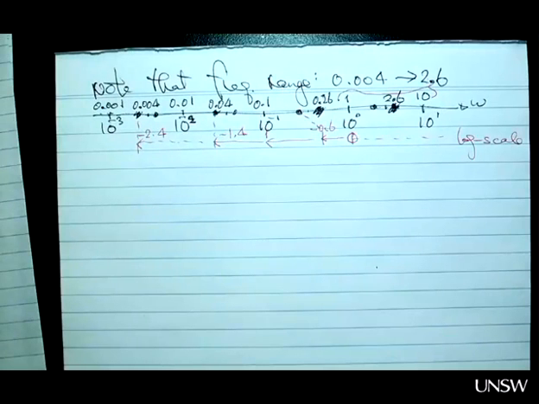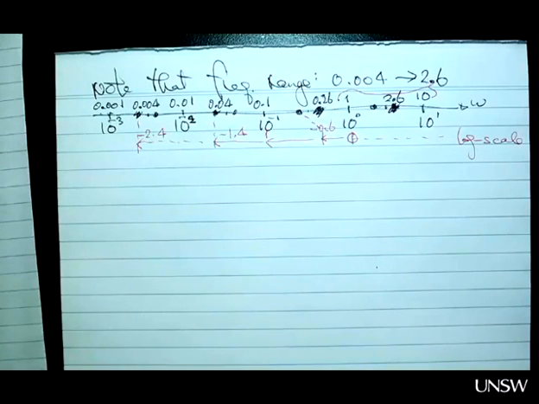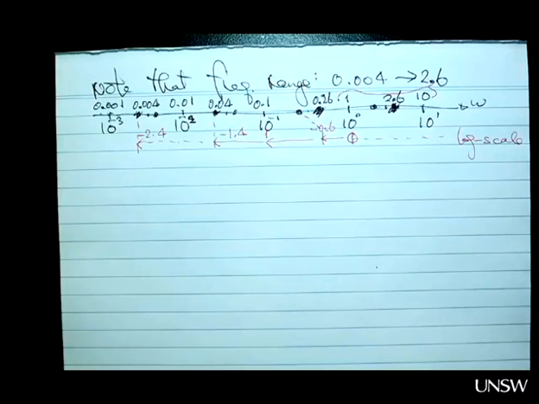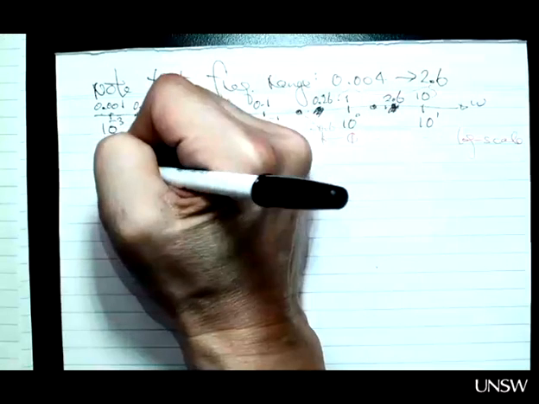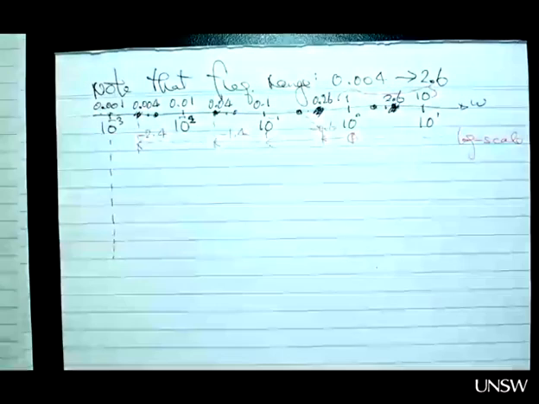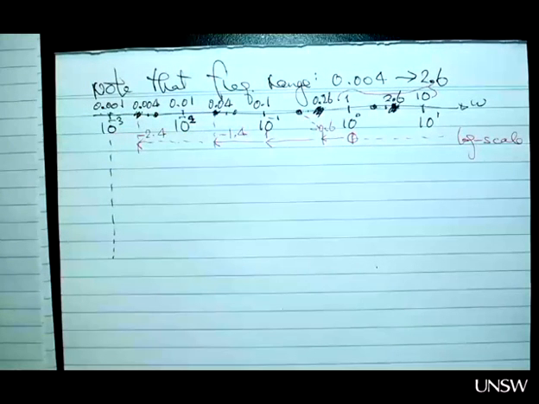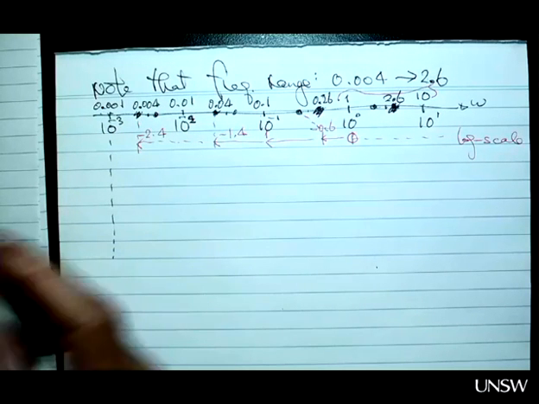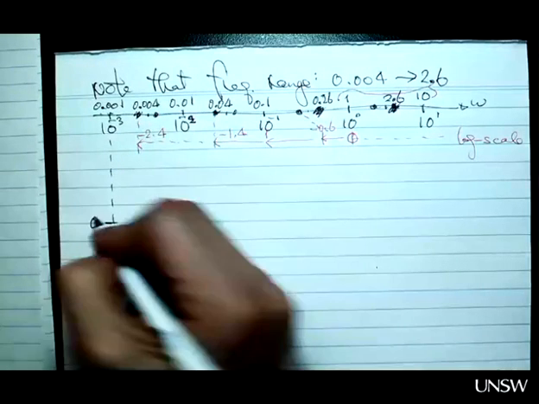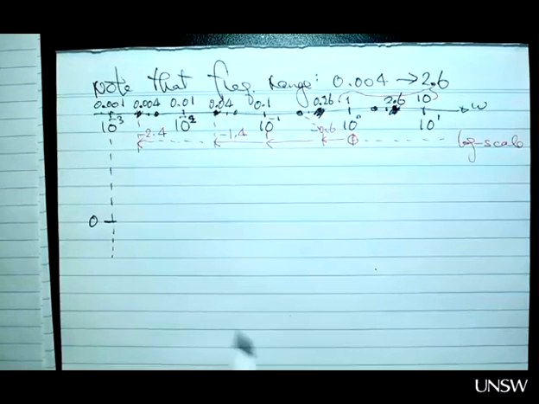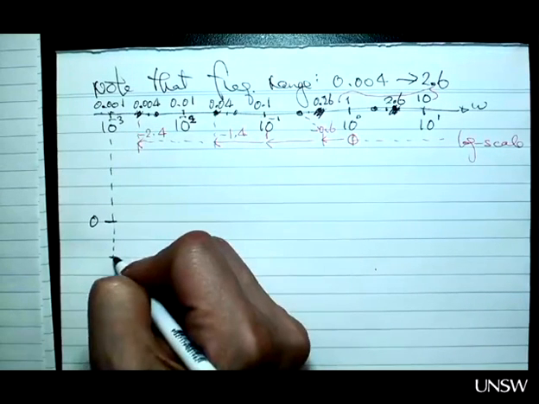From there, we construct our Bode plot magnitude. So we set this as 0 decibel to set this line. And then this is minus 20, it's minus 40.